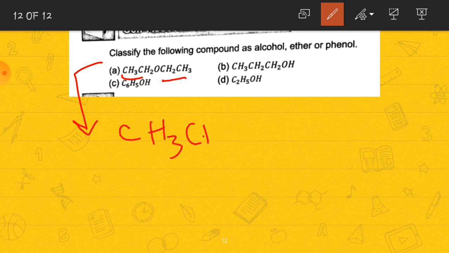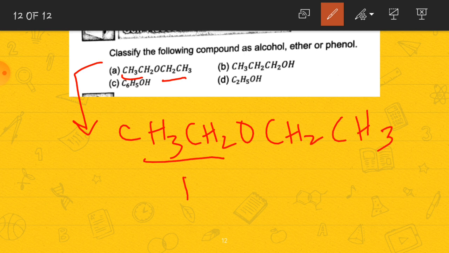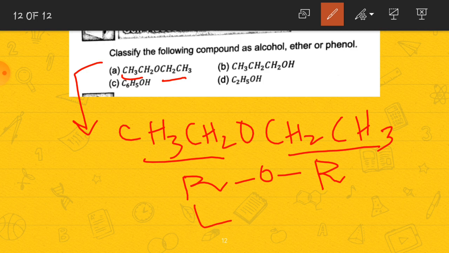Let me write this condensed structural formula for this compound. Now this is an alkyl group, this is also an alkyl group, and between the two alkyl groups an oxygen atom is attached. So therefore this compound is an ether.